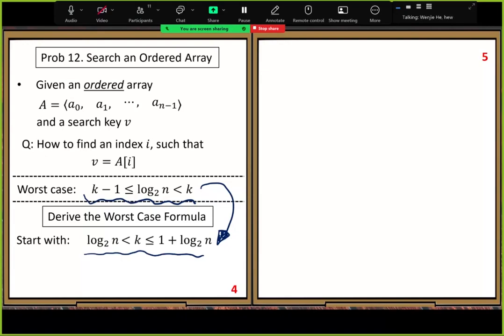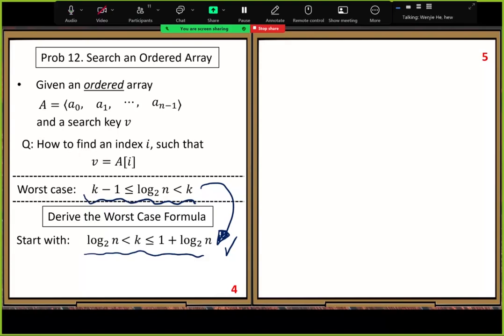All right, now, after we get this inequality, we are not quite satisfied with this one. Why? Because we know k is an integer. K, the number of comparisons, must be an integer. But log base 2 of n is not necessarily an integer, right? Log base 2 could be a non-integer number.